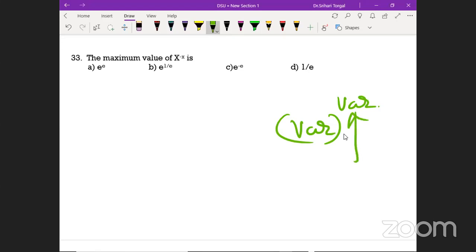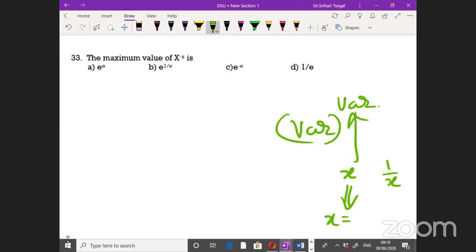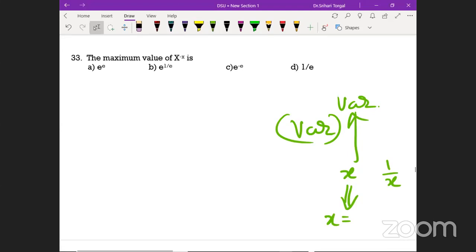If that power is x, if that power is 1 by x, that is reciprocal of this variable, then you just put x equal to. I'm repeating once again. If the problem is of variable power variable, concentrate.